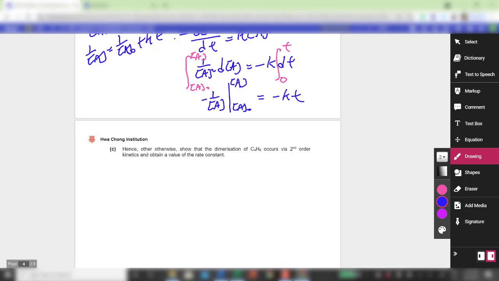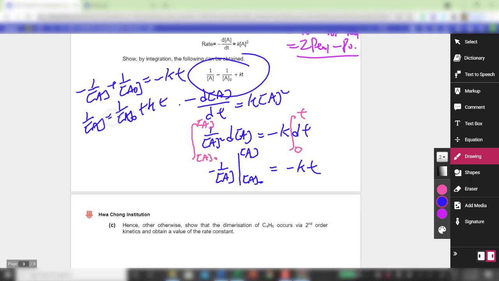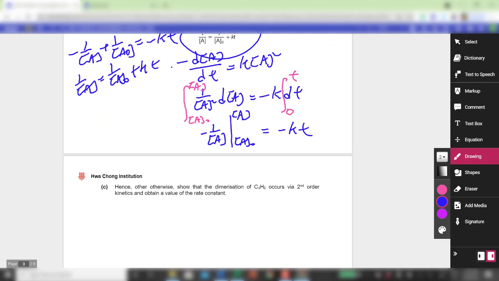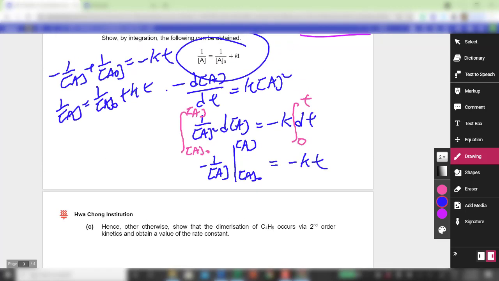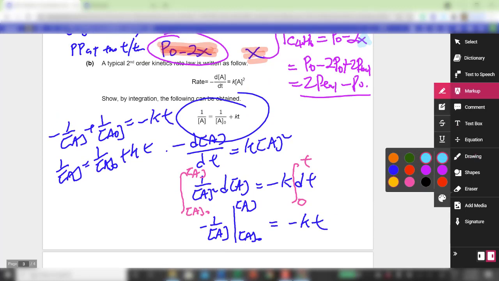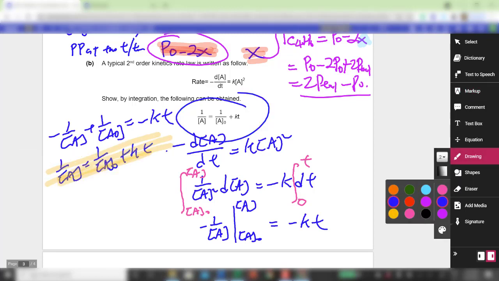Okay, since they ask you to show that it occurs via second order kinetics, we have to be a bit strategic in the kind of graph that we aim to plot. That's very important. Given the nature of the question, I will need to look back above and see whether I can plot something from here.